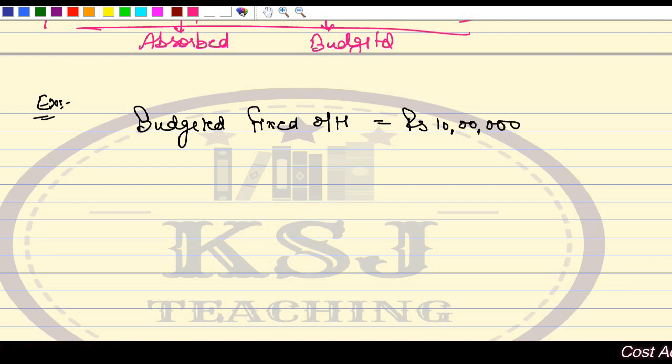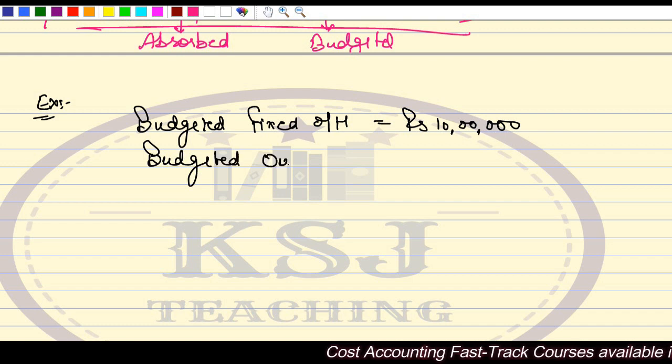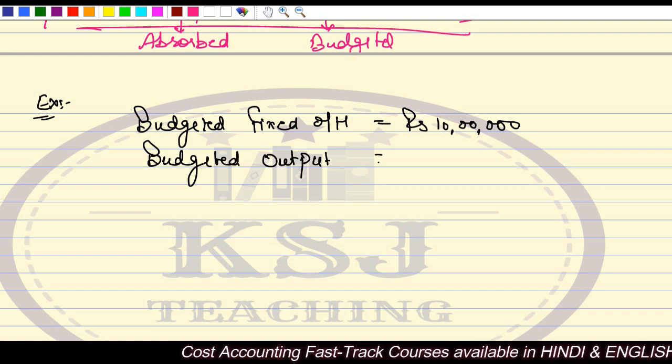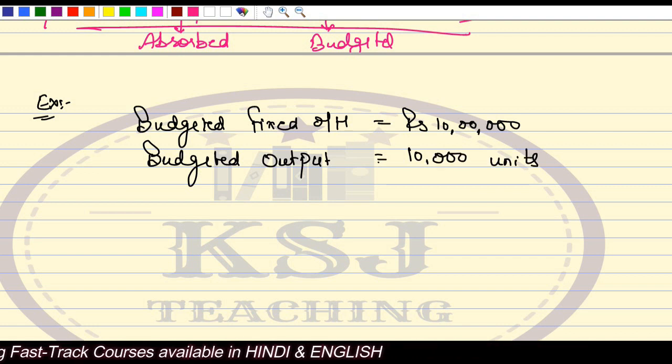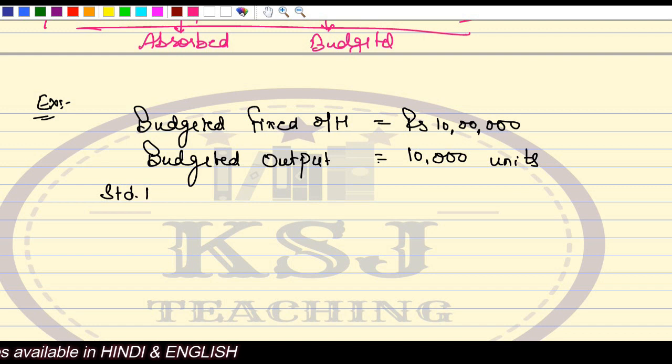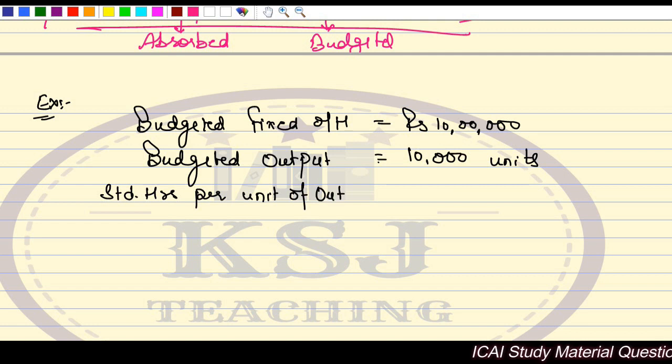After that, budgeted output. This is standard output, 10,000 units. Standard hours per unit of output, that is 10 hours.